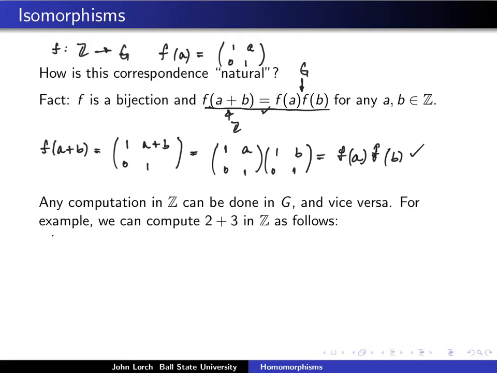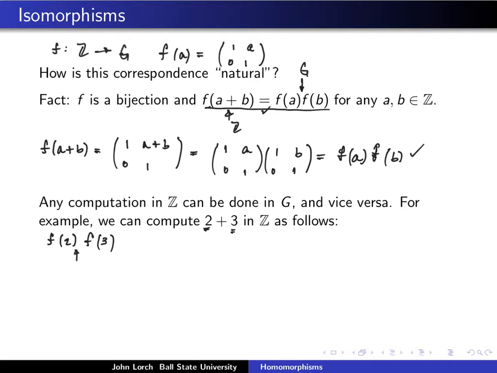So first we're going to take f of 2 and f of 3, because after all, we are interested in what happens with 2 and 3. And we're going to combine them together.